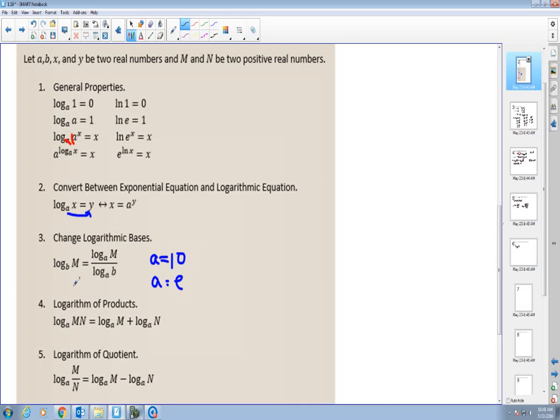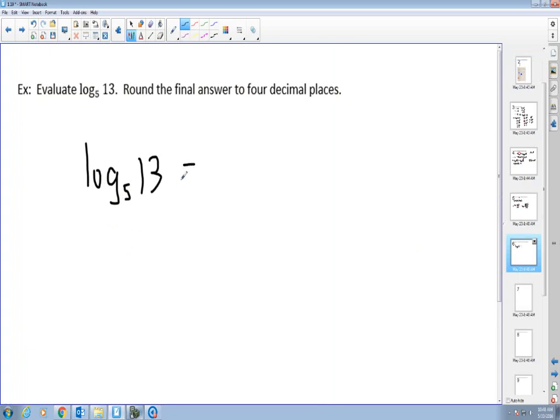Okay. So my log base 5 of 13 will become log with the base a of my 13 divided by log with the base a of my 5. The a can be a 10 or it can be an e. So I'm going to write it down. Change your base. So the 5 is like the b, the 13 is like the m.